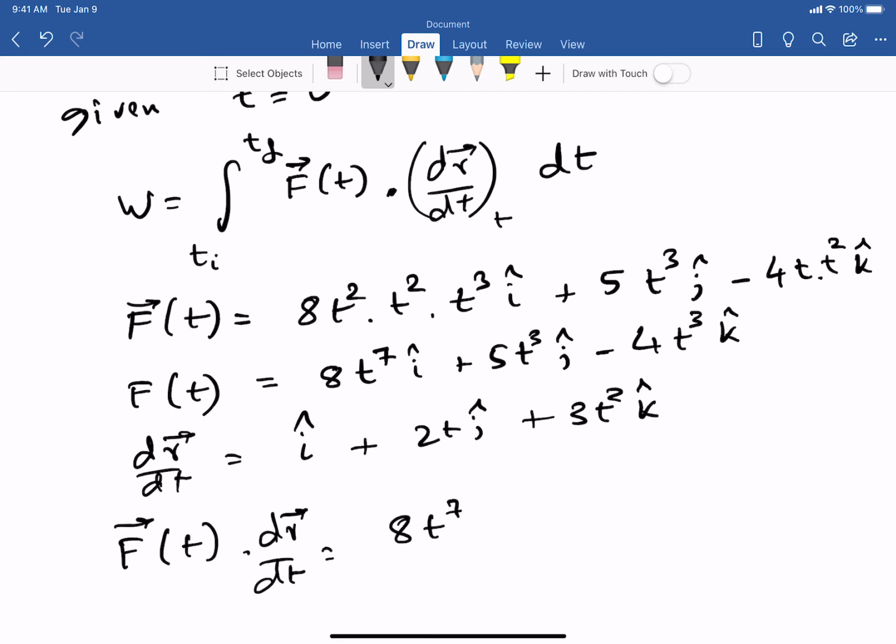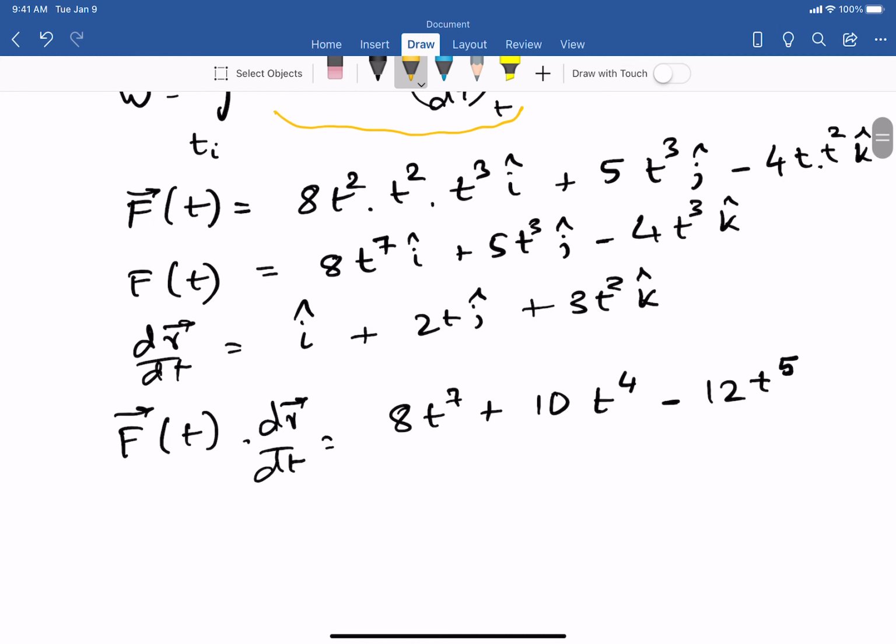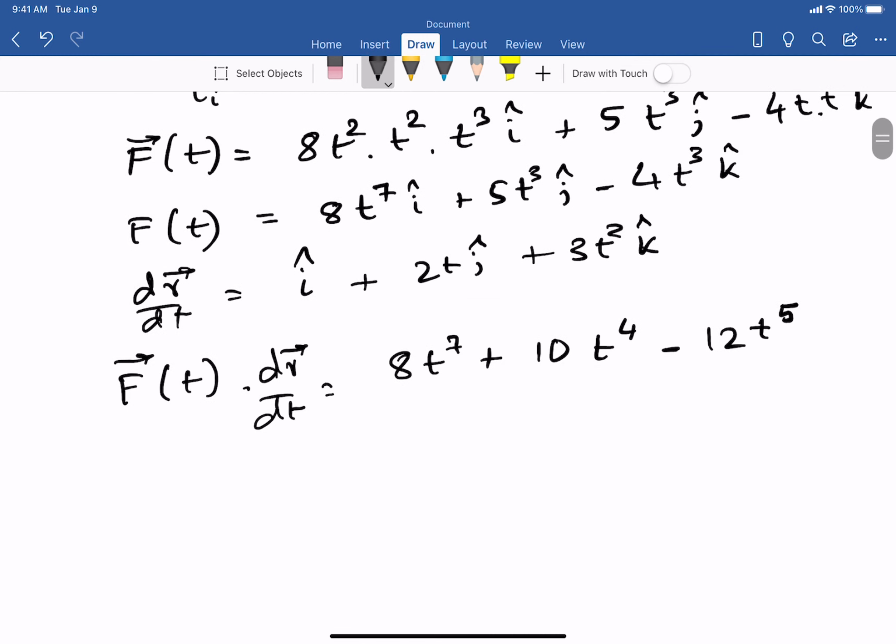Then plus 10 t to the power of 4, and then you get minus 12 t to the power of 5. Alright, so we found that. So we have figured out this whole thing, and then we just need to integrate this with respect to t.